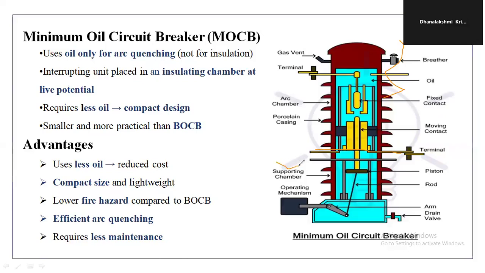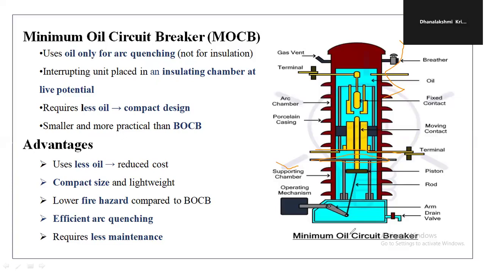The lower chamber is the supporting chamber. The two chambers are separated by the partition, and the oil from one chamber is prevented from mixing with the other chamber. So this is the partition, which prevents mixing between the top chamber and lower chamber.